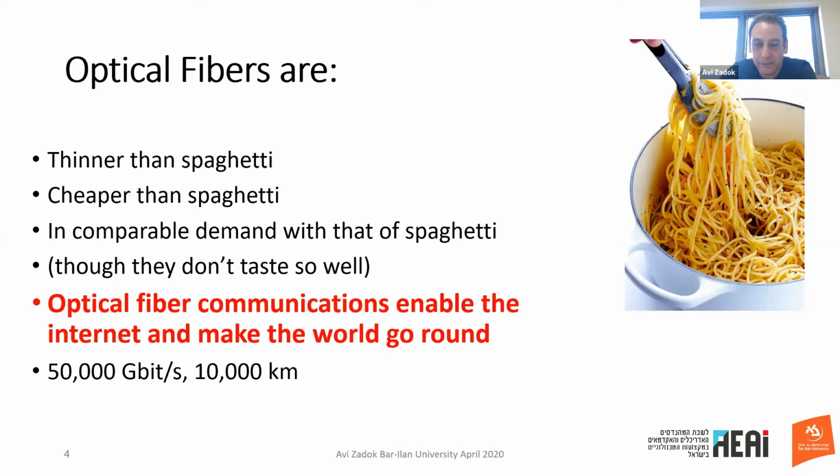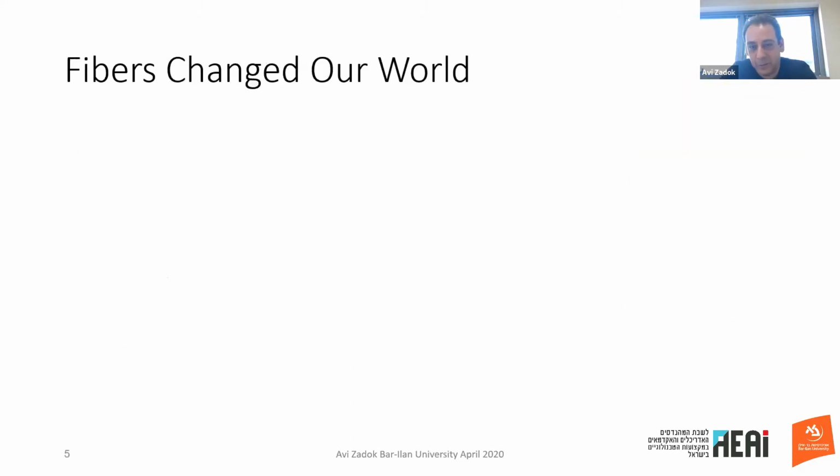And compared to any other platform we had before that for massive communication, this is 100 times longer reach and maybe 5 orders of magnitude broader bandwidth than we could ever do otherwise. So fibers changed our world.